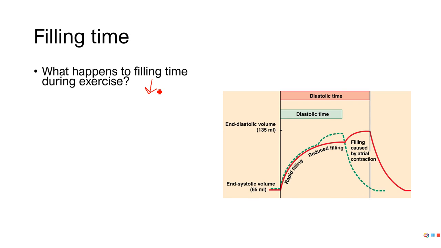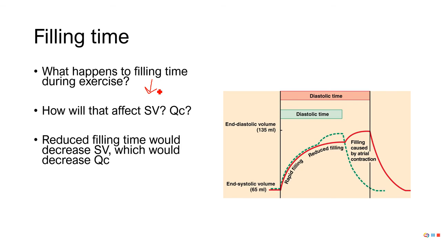So if we keep everything else equal, and the only thing that changes is filling time, what's going to happen to stroke volume and cardiac output? Well, unless I make adjustments, that reduced filling time is going to cause a lower stroke volume, and then as a result, I'm going to decrease cardiac output. So how can we compensate for this?